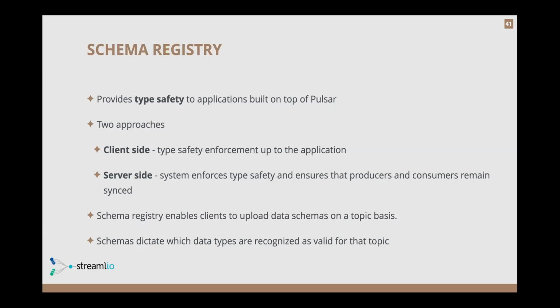There's basically two types of enforcement on that. So if a client tries to write data in there, you can block them and say, no, you must write a serialized object like a string, for example, or a particular JSON object or Avro schema. It must conform to that. And on the server side, it would also reject those messages from a producer or a consumer, and that way they stay in sync.